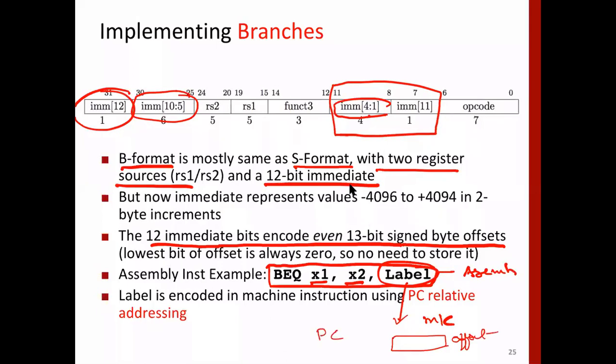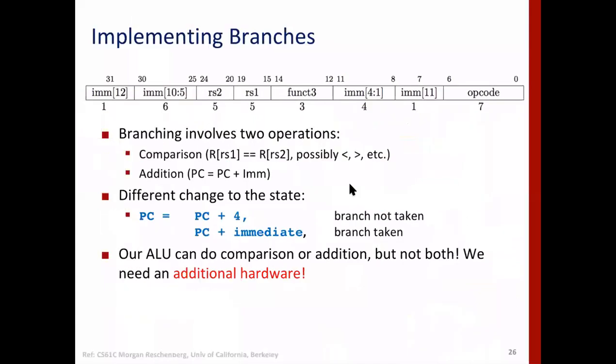So we jump to a location which is a certain number of bytes away from the current location, and that we call PC relative addressing. So this again we have studied.